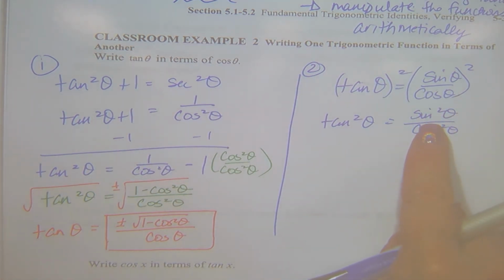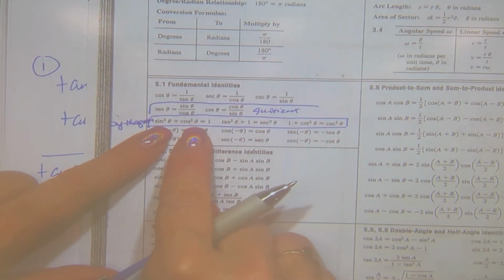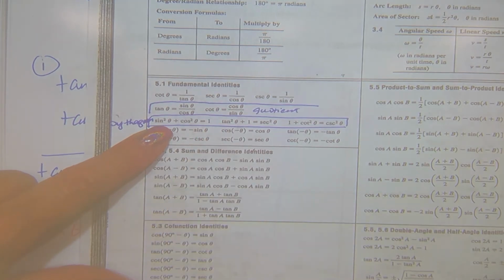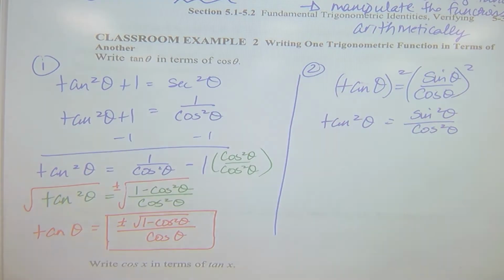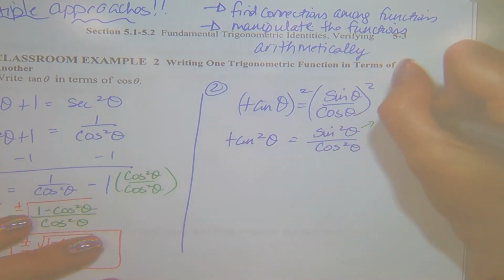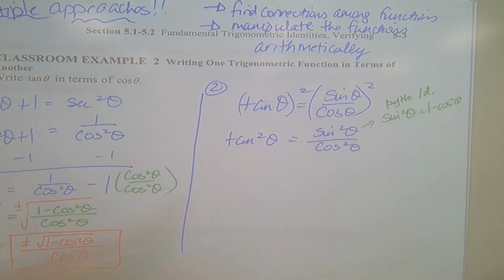And sine squared theta can be rewritten. If I look at my Pythagorean identity, if I move cosine squared theta over, that gives me sine squared theta. That's one of those alternate versions of that main Pythagorean identity. So I know that, little side note here, sine squared theta equals 1 minus cosine squared theta because of the Pythagorean identity.